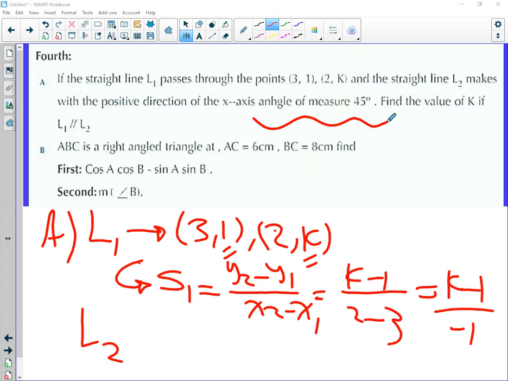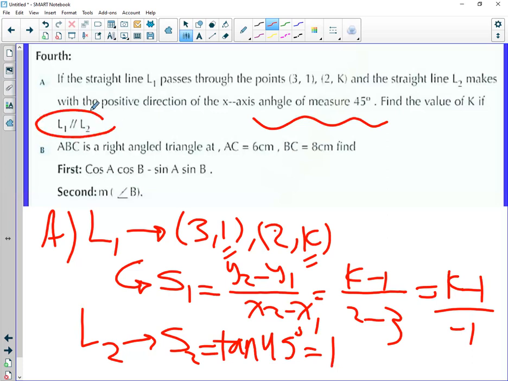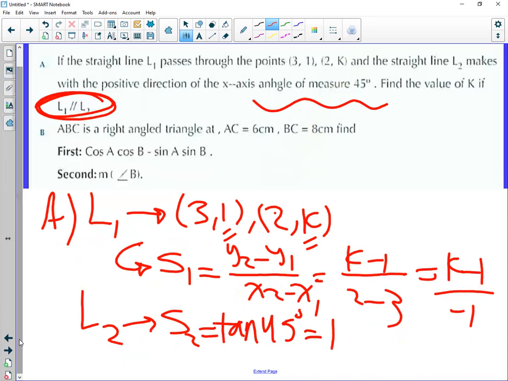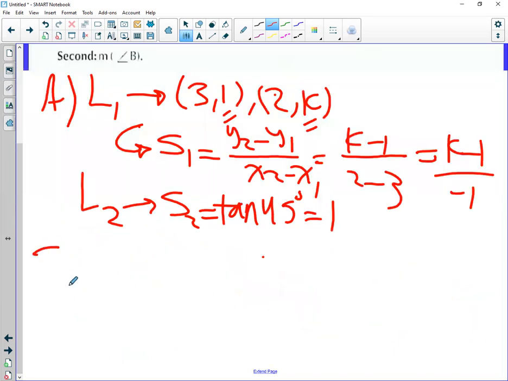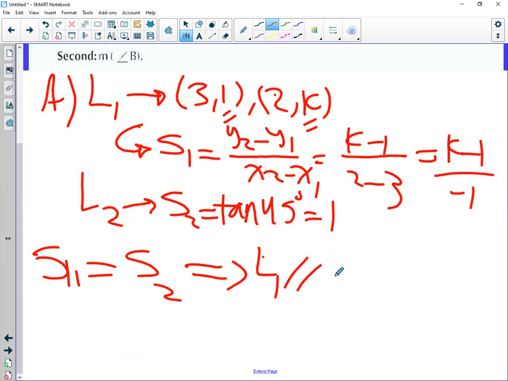So slope number 2 equals tan 45 degrees. And tan 45 degrees equals 1. Since the two straight lines are parallel, it means the two slopes are equal. Slope 1 equals slope 2 because the first straight line is parallel to the second.